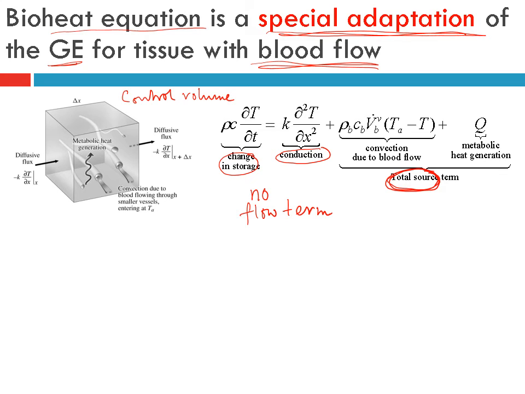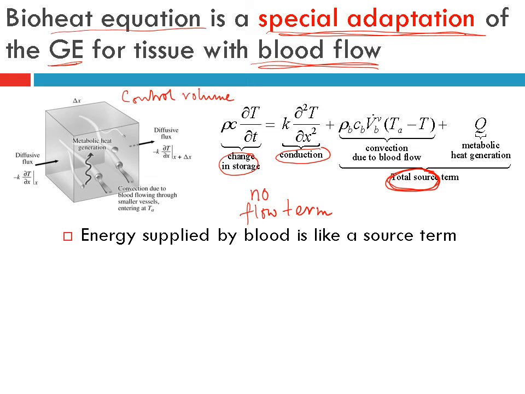If the blood is flowing, the energy supplied by the blood is like a source term, because I want you to think this way: in the smaller vessels, only in the smaller vessels, blood goes in at arterial blood temperature, but goes out at tissue temperature.